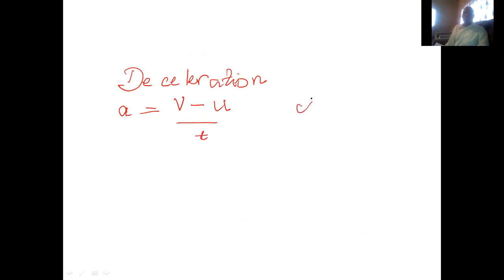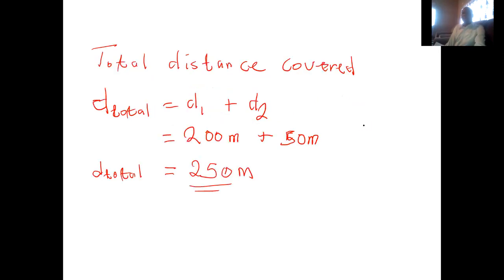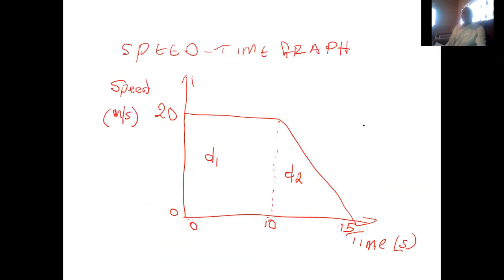We know that our final velocity will be 0 meters per second, because during deceleration the car starts from 20 meters per second as the initial velocity, and it comes to rest.